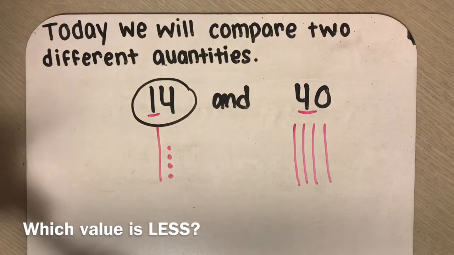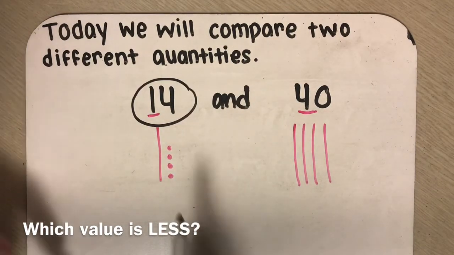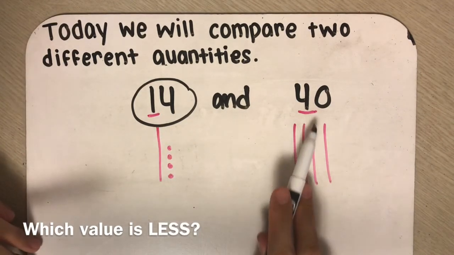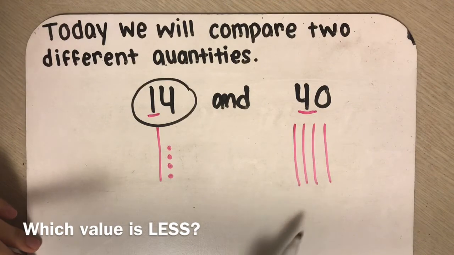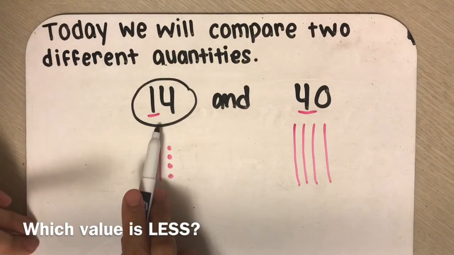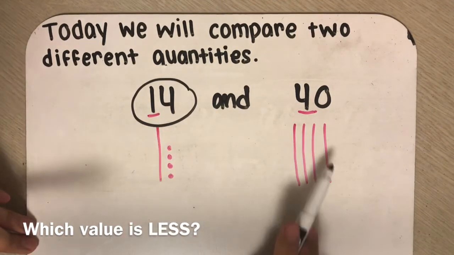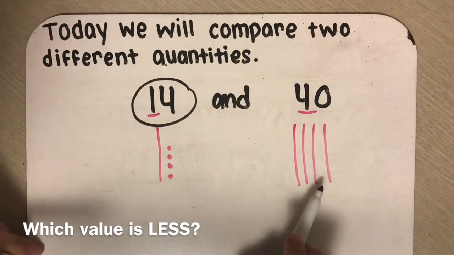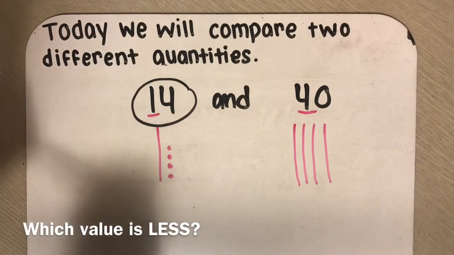We know that 14 is less than 40 because 14 only has 1 ten, while 40 has 4 tens. So we know 14 is much less than 40. We also know that 40 is much greater than 14.